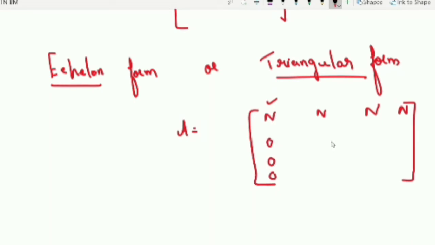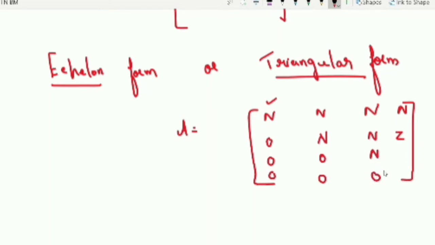Now come to the second row. Suppose you have a non-zero element here. Here you can have anything, no problem. So here is a 0, anything, but this element is non-zero. Below that you should have zeros. Now come to the third row. If you have a non-zero element here, below that you should have 0, and here you can have anything.